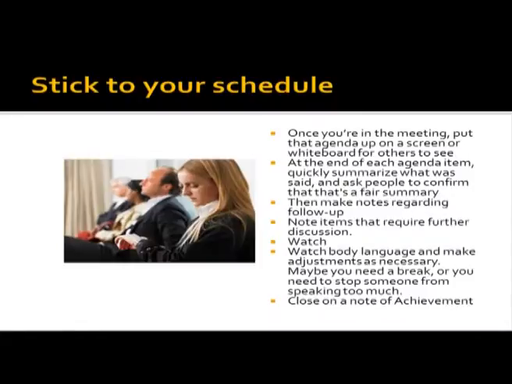At the end of each agenda item, quickly summarize what was said and ask people to confirm that it's a fair summary. Very often we move on to a new point without resolving the prior point in the agenda, and at the end of it, people have forgotten what you said or what each person said or what the decision was.